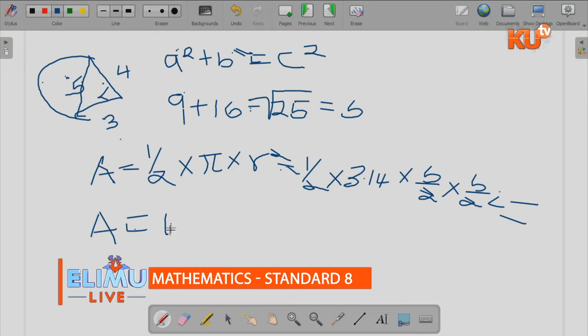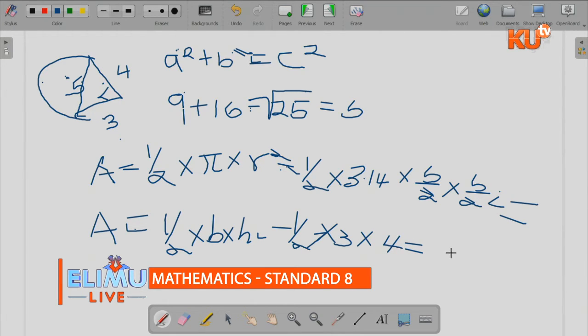Area of a triangle is equal to half times base times height, where base is 3 and height is 4. When you work out the answer you get here and the answer you get here, what do you do? You add them. Then that one you can demonstrate clearly.